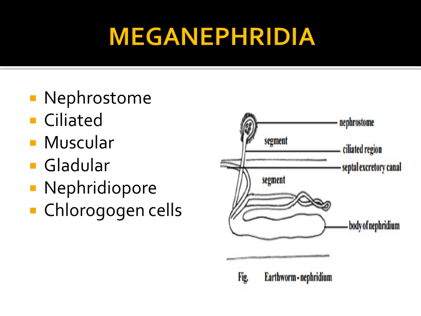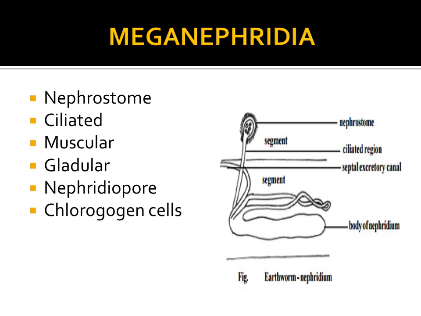Okay. Then this extracted waste will be sent to the pore, known as the nephridopore, right? And this is connected to the intestine. So this waste will be sent to the intestine and through the intestine it will be eliminated out. Is it clear? So that is the structure and functions of the meganephridia.